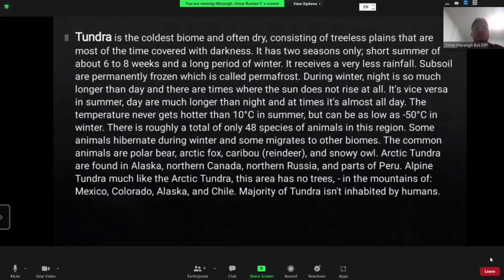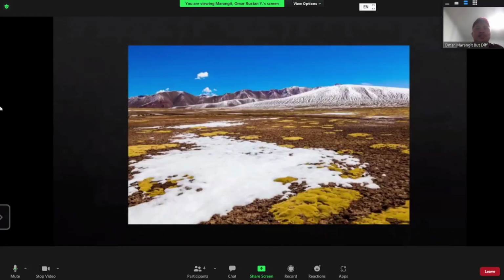Tapos ang hirap mabuhay kasi sobrang lamig. So these are examples of tundra. Ito yung picture niya. So hindi siya ganun ka nagyayelo. Baka tunaw na yung yelo, mainit na eh.